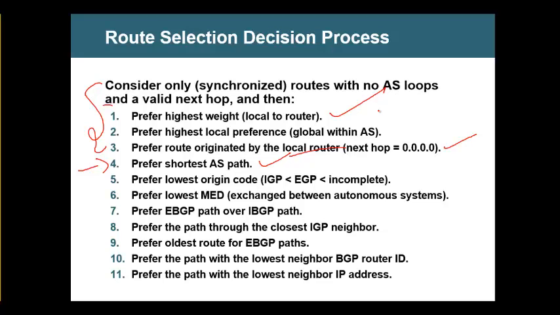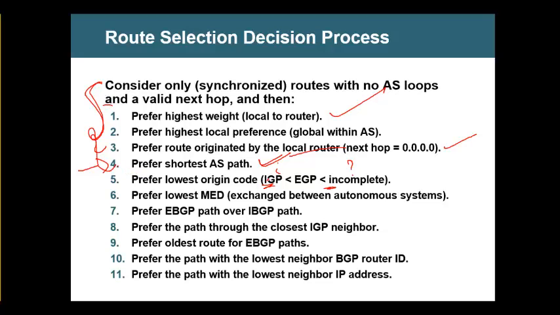Right. So, if there is tie in AS path, then it will see whether it is I or question mark. You remember? Question mark, I. One neighbor is giving with I, the other neighbor is giving with question mark, and there is tie in all first 4. Then what it does?